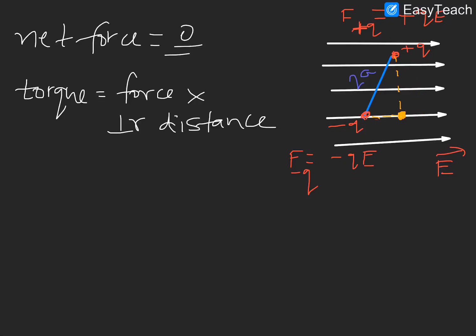You can name it as, this one we already named A, this is B, and this one you can name as C. So the perpendicular distance is AC. Previously we defined that it is making an angle theta with the electric field.